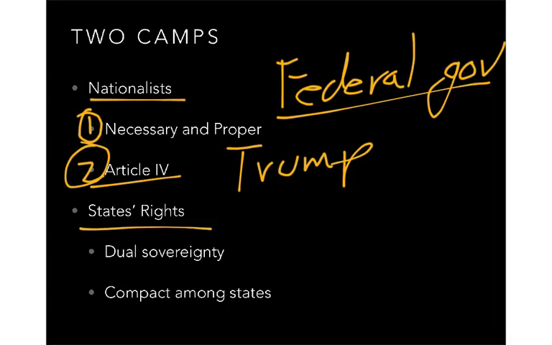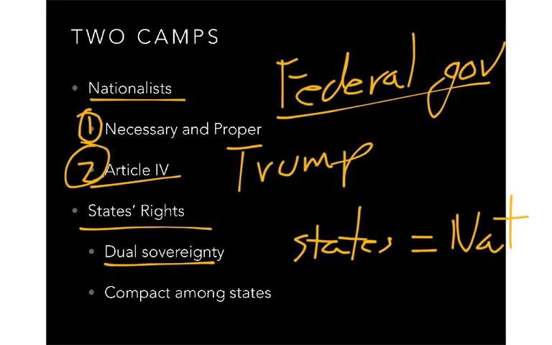Now, the second view that emerges is the states' rights view, and it argues no, that we actually have dual sovereignty, meaning that states should be equal to the national government in power. And they're going to say, who ratified the Constitution? States. Who sent delegates to determine how there would be a new Constitution? States, right?